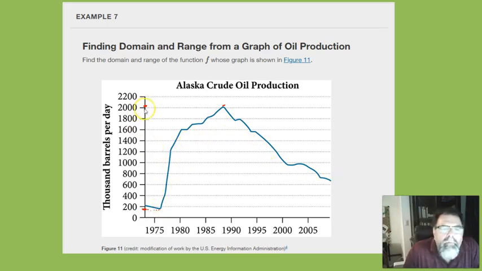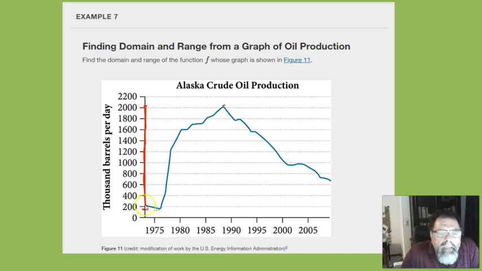So the range is going to be from just under 200. I don't know if we want to estimate that. Do they tell us anything anywhere else? So we're just going to roughly estimate that. The book looks like they're estimating that to be about 180.